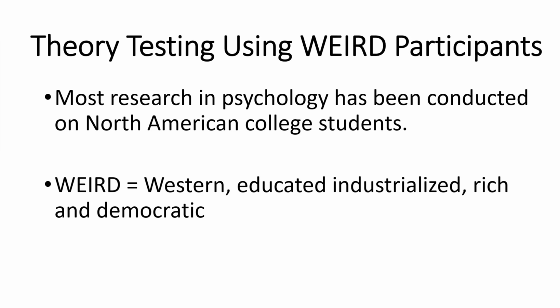You can't just look at people from North America, Europe, Australia, or Israel. You have to focus on other places as well. So sometimes it's okay, but other times you really need to be aware of what your sample is, what population you're looking at, and where you want to generalize.